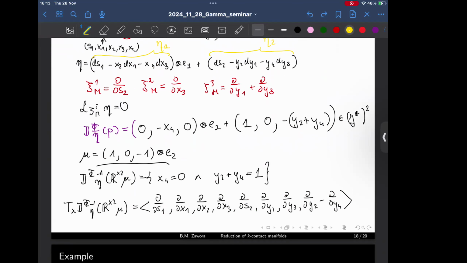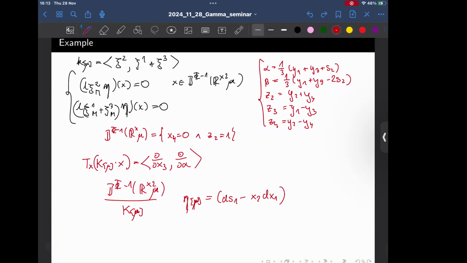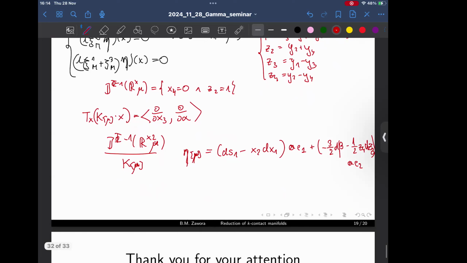And eta2 is a little bit complicated in the sense of calculations, but we get that this is d beta minus 1/2 z4 dz3. Okay, and here we have coordinates s1, x1, x2, and beta, z3, z4.